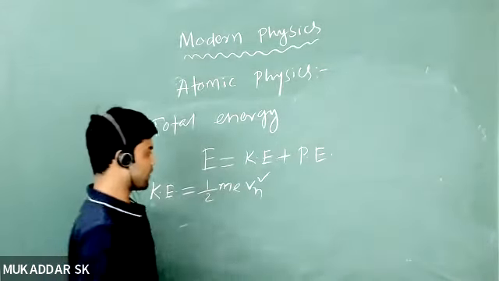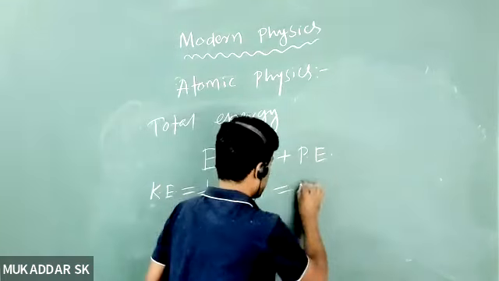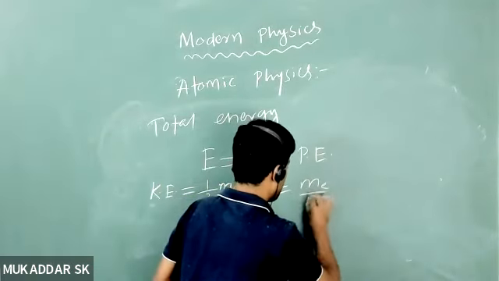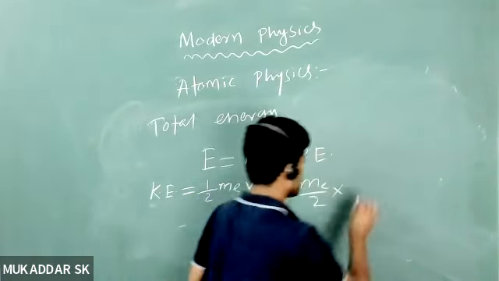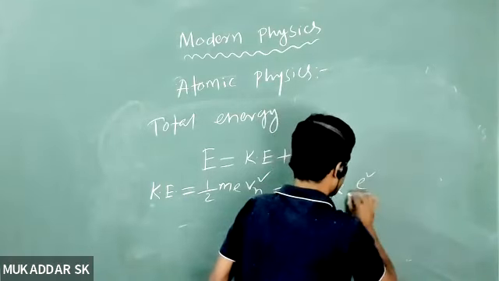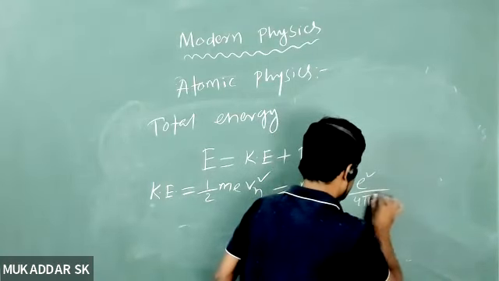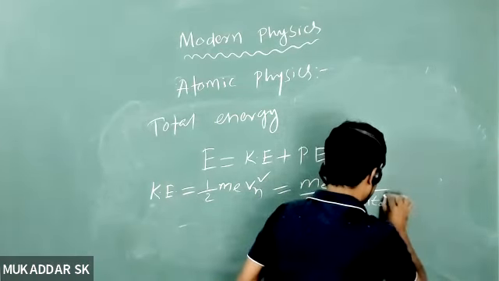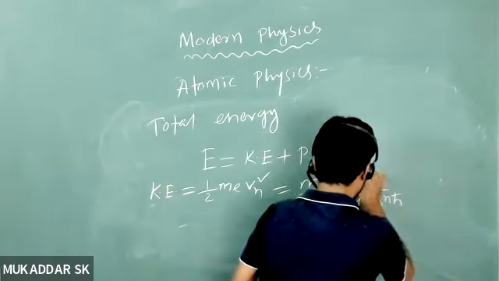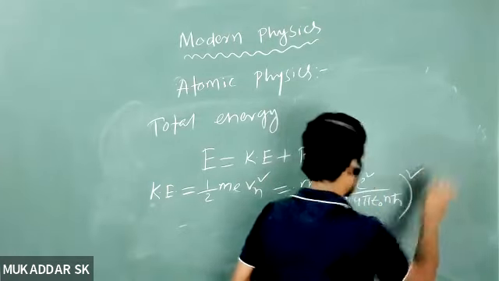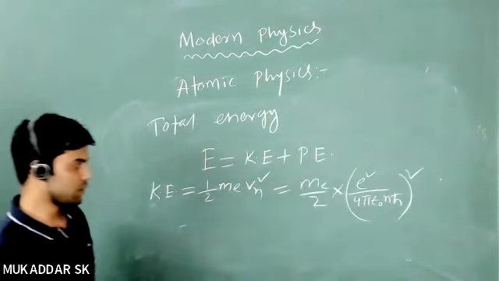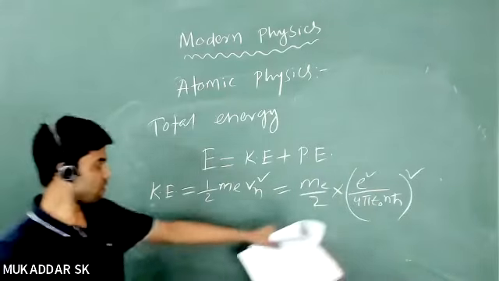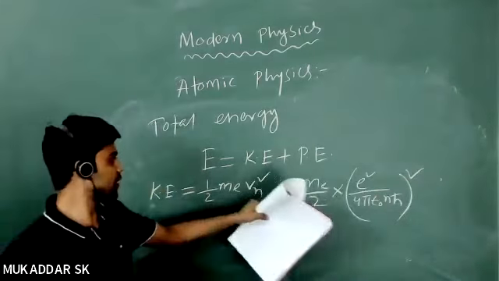Now you know that Vn, right? So if you substitute it, me divided by 2, Vn was e square divided by 4 pi epsilon naught n h cut, and it's squared. I have just substituted that expression for Vn.